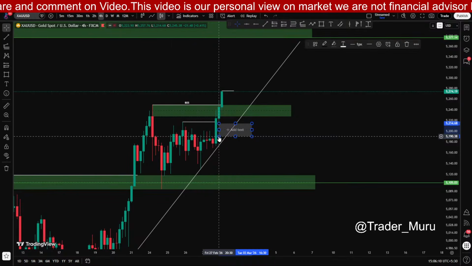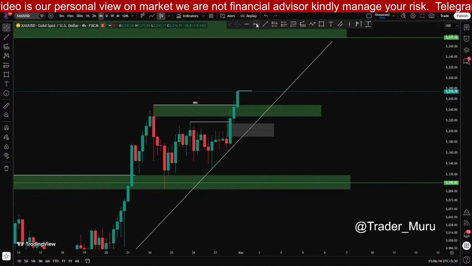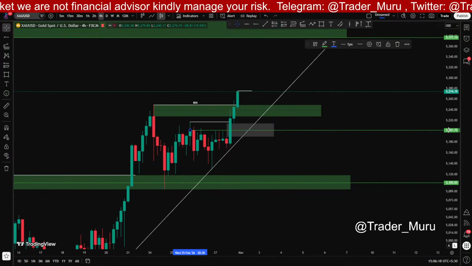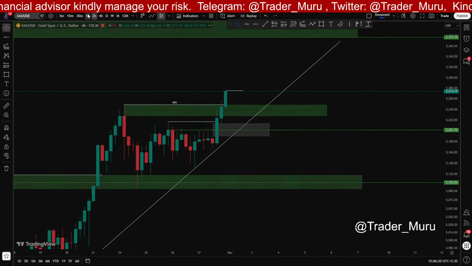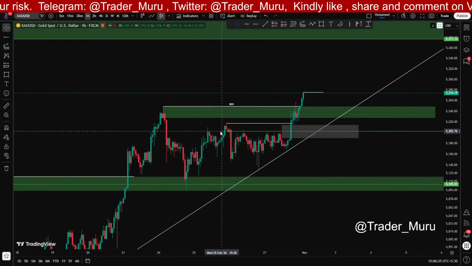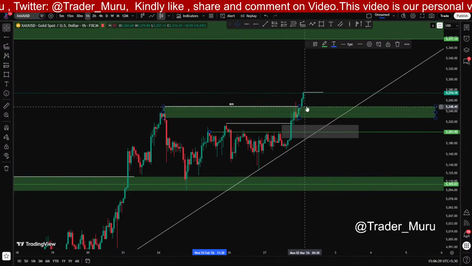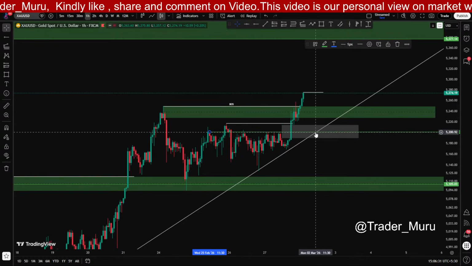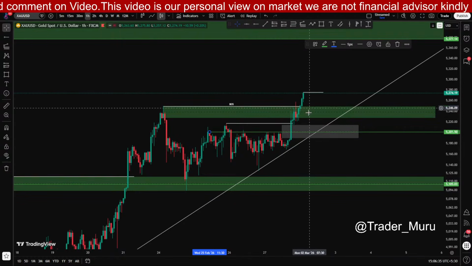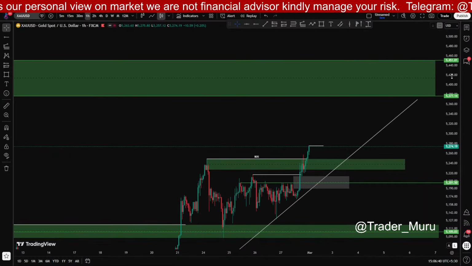So if price wants to drop here, this FVG is there, and another thing is this psychological level of 5200. If you see this in 1 hour time frame now, this was previously a resistance which is converted into support now. So if price tests here, 5200 is also a good price for the target of 5377 and 5451.